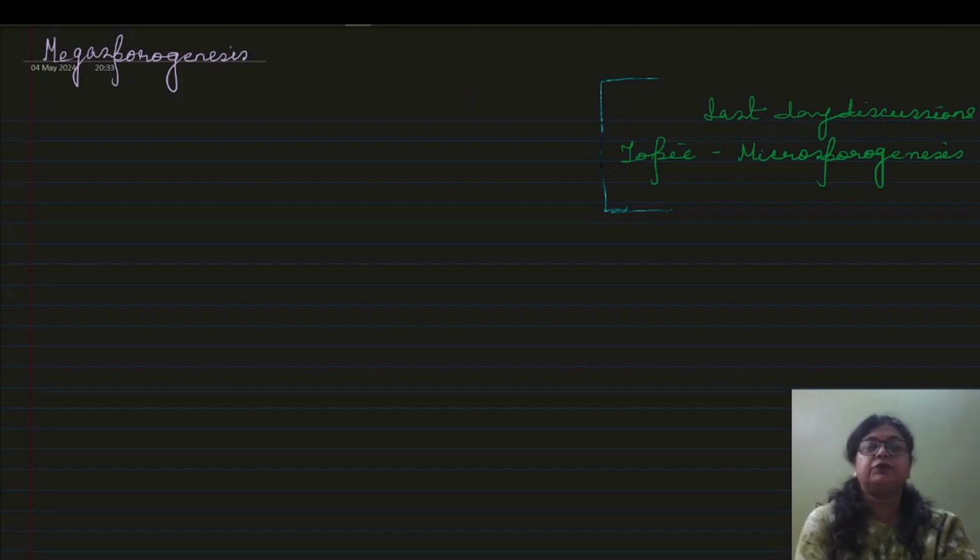And now megasporogenesis, formation of the megaspore, that is the female gametophyte. So male gametophyte formation and female gametophyte formation, these two are the phases of the pre-fertilization stage. Okay, so we are continuing the next part of the chapter, sexual reproduction in flowering plants.